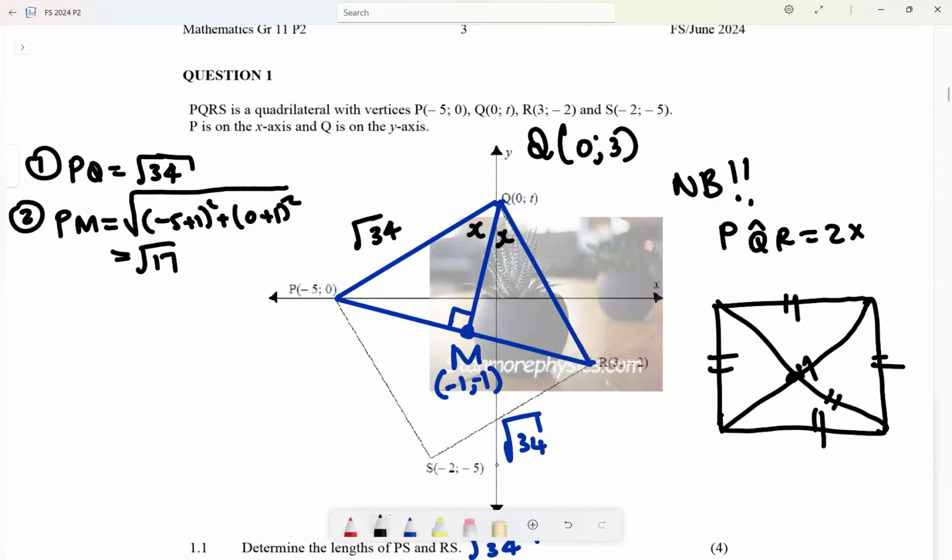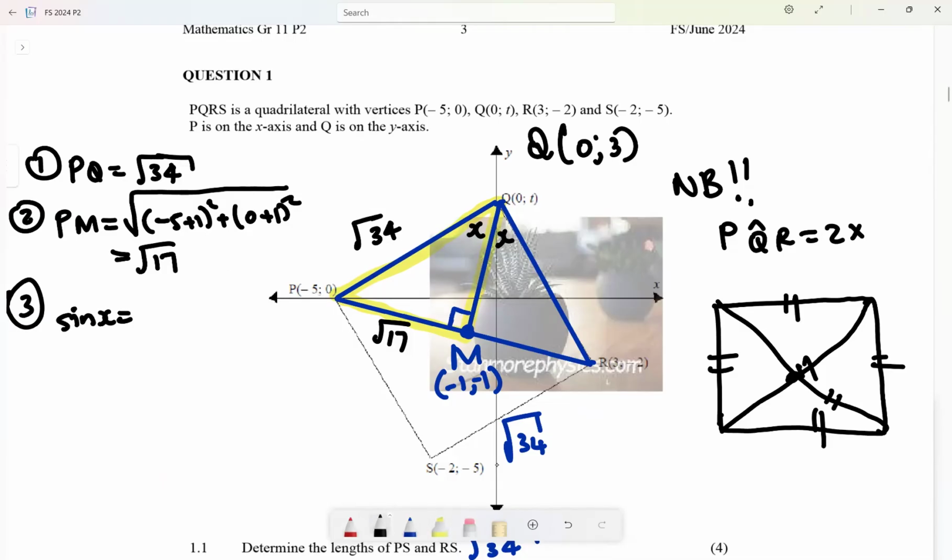Then after getting this as square root of 17, the third part is to apply trigonometry. Remember what trigonometry says? In this triangle, this is opposite. You want sine x.